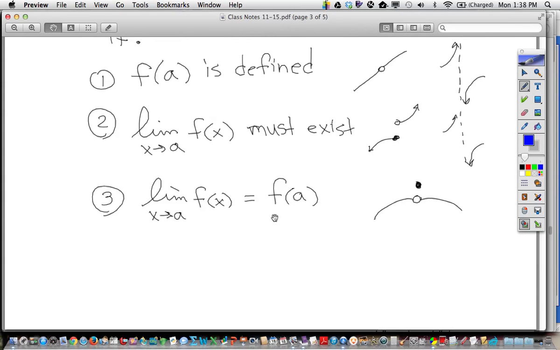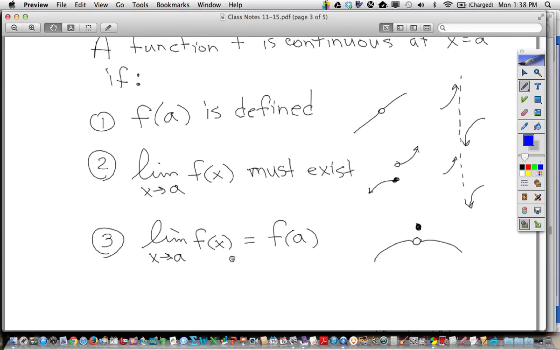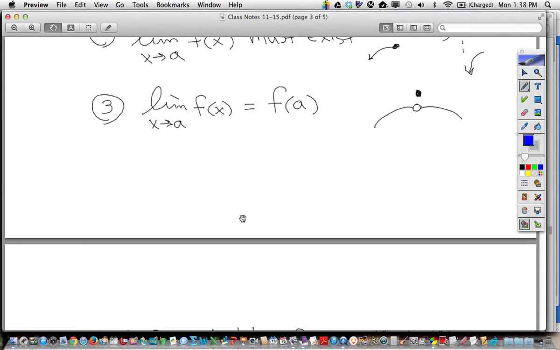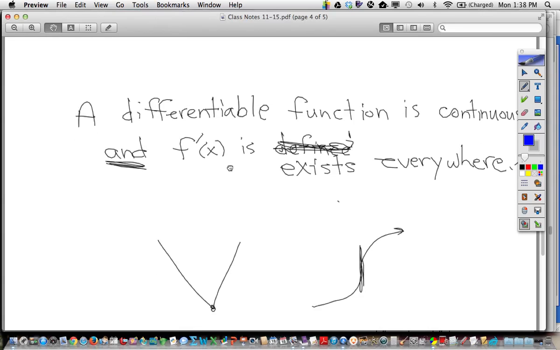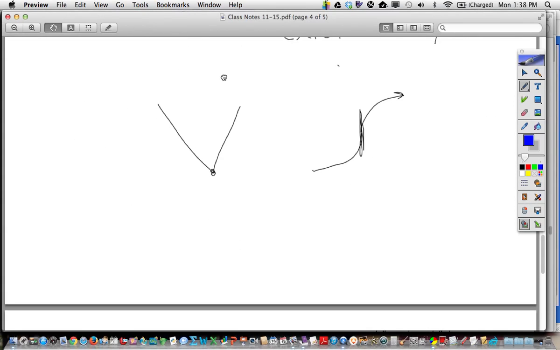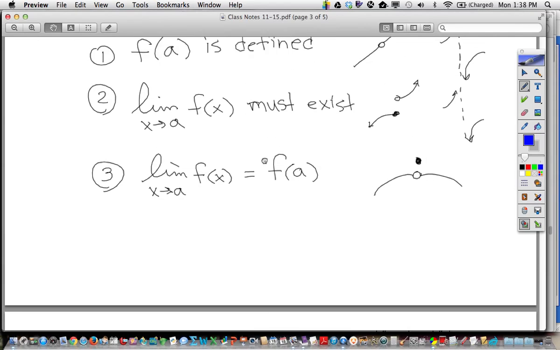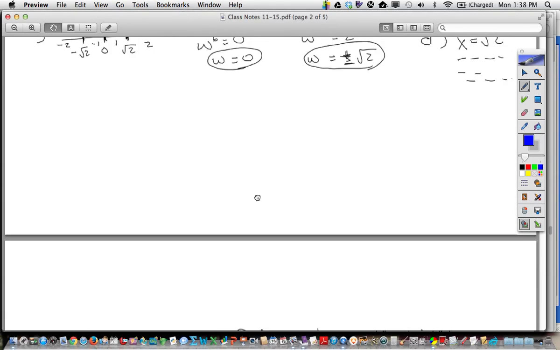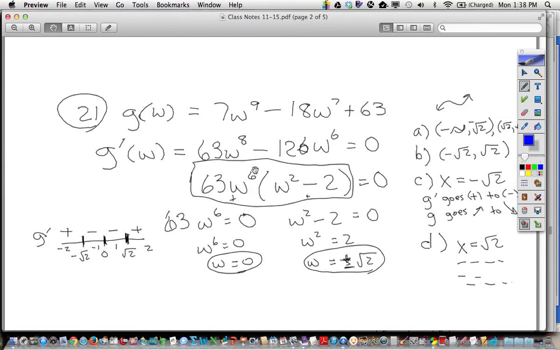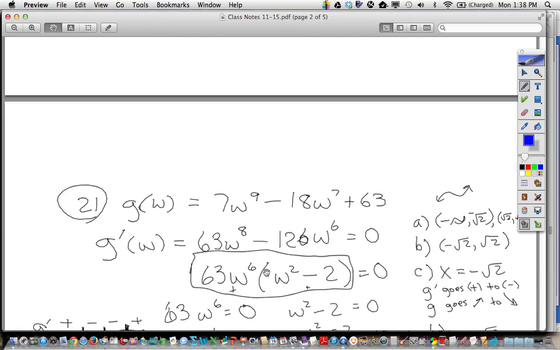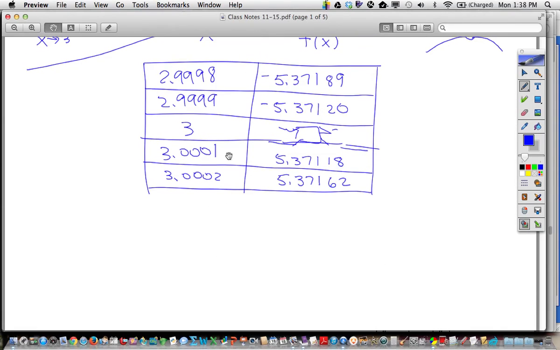We worked on problem 66 and 67, so revisit those. The notes here on the 15th have this example of the chart stuff. Number 21 here is a good example of that.